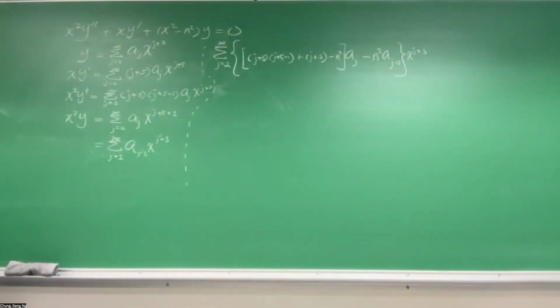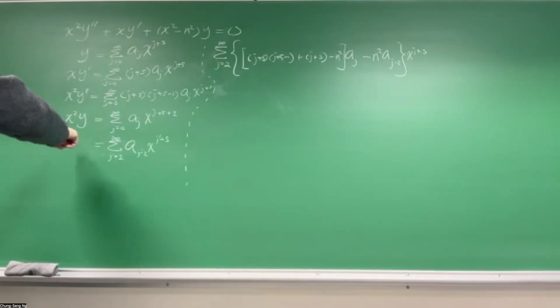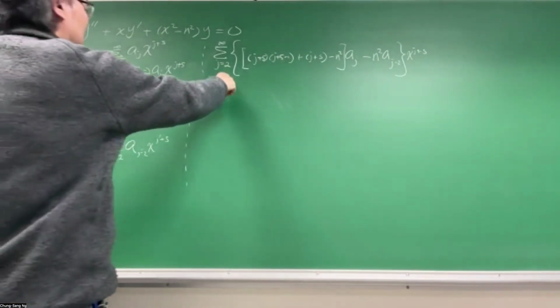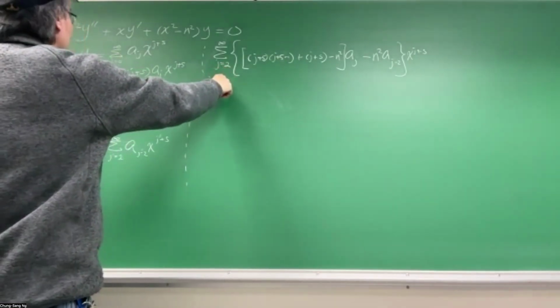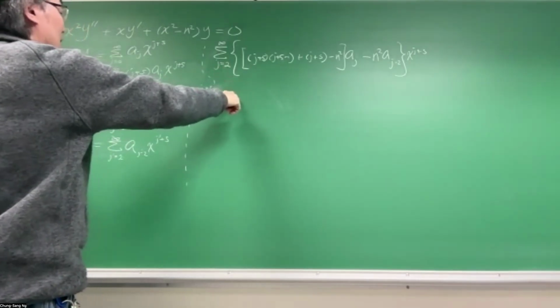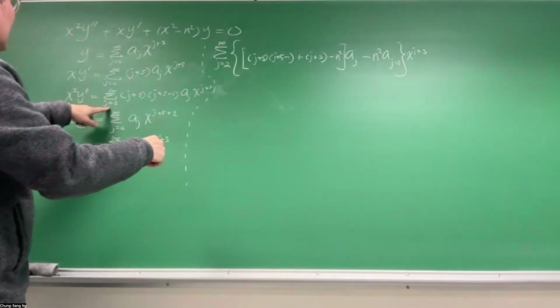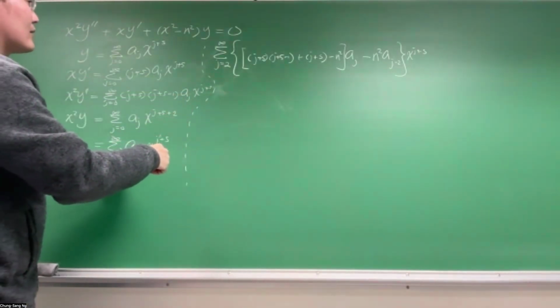Is that okay? Yeah. Now the 1 and 0 terms, so it will be exactly the same because all these three terms have 0 and 1 term. This one doesn't have.